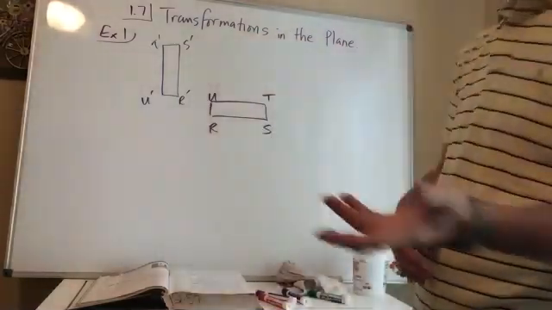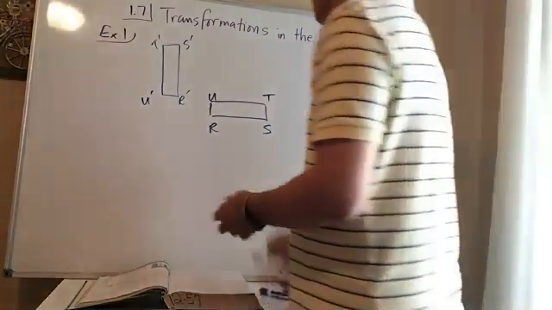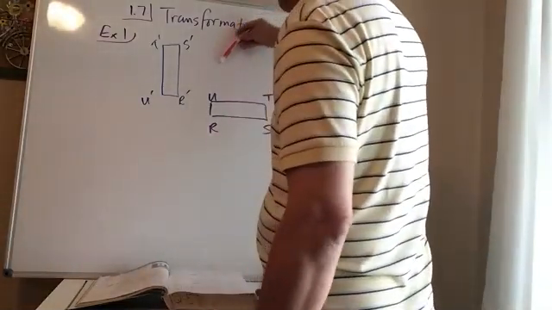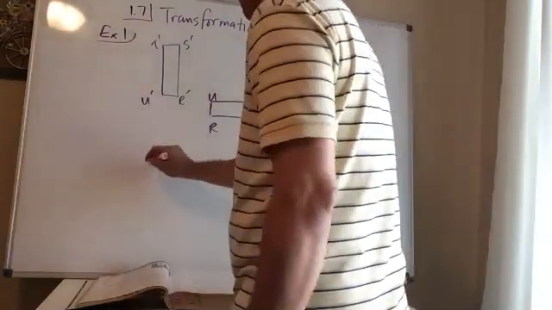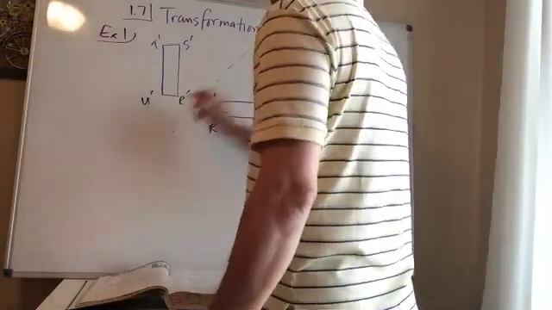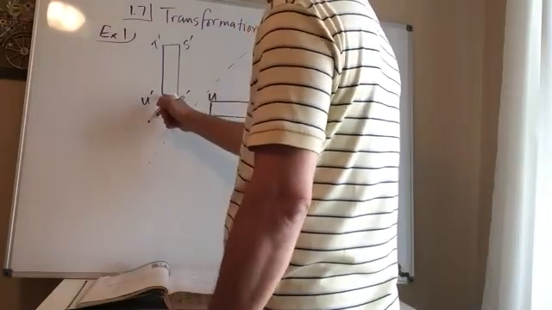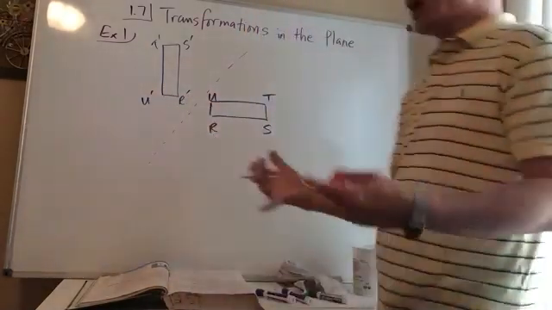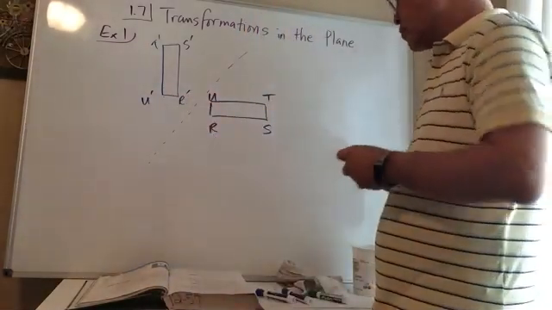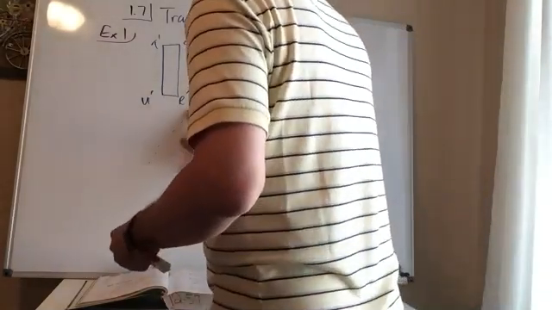Question is, is it a rotation or a reflection? Okay. So if it was a reflection, I would be able to draw a line right here. Okay. I would draw a line here if it was a reflection. And this guy over here and this guy over here would be the same. Well, it's not, because this is U prime, this is R prime and U. They're not matching up. Okay. So it's not a reflection, which means actually it is a rotation.